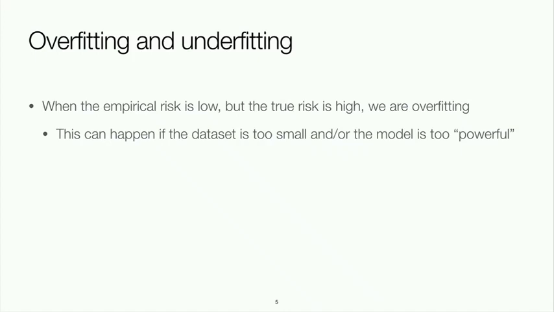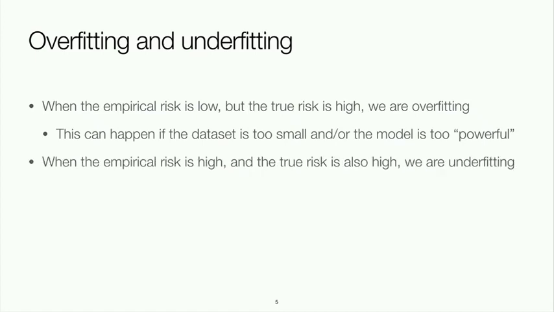And this can be especially a problem if it's combined with the first problem of not having enough training data in the first place. So if I don't have enough data, or my model is given too much expressivity, then I'm more susceptible to this overfitting problem.